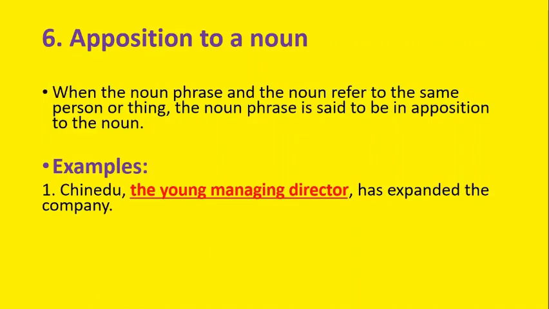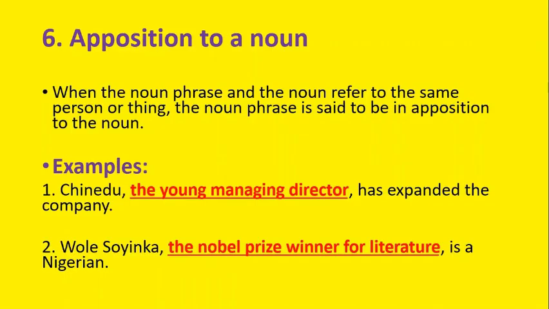Chinedu is the same person as the young managing director, and usually it is being demarcated by the use of a comma before the verb. If it comes after the verb, then it can be considered as subject complement. But in this case, it is functioning as apposition to the noun Chinedu.